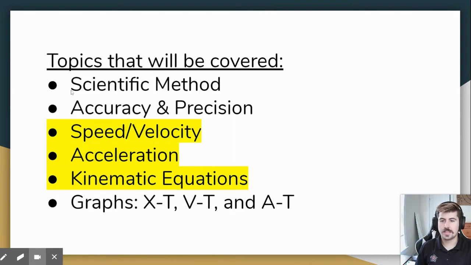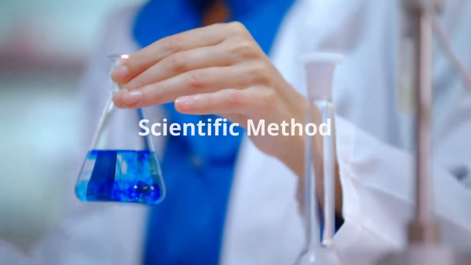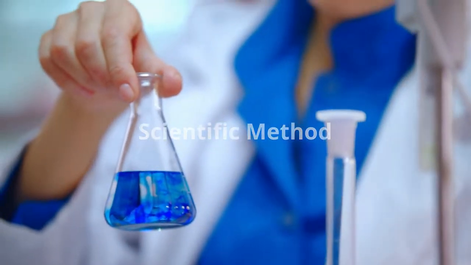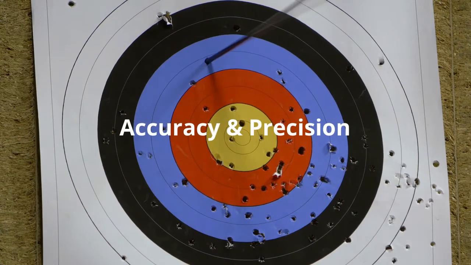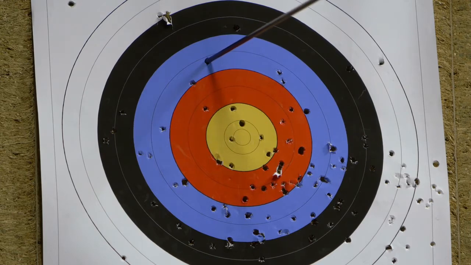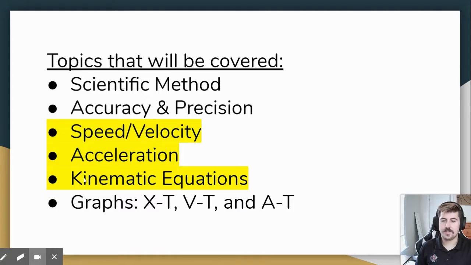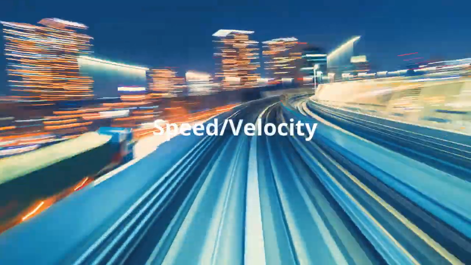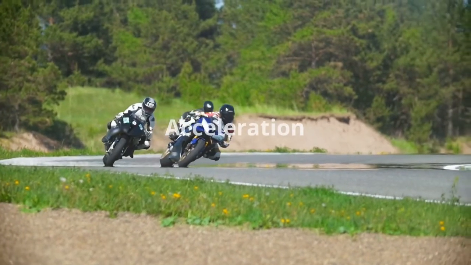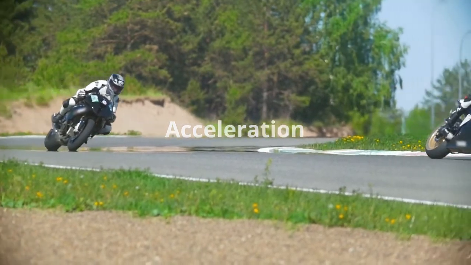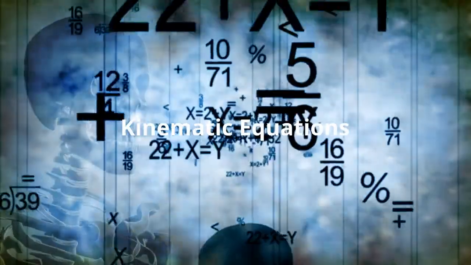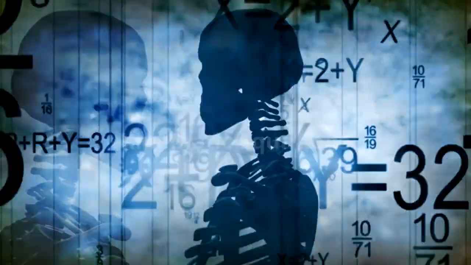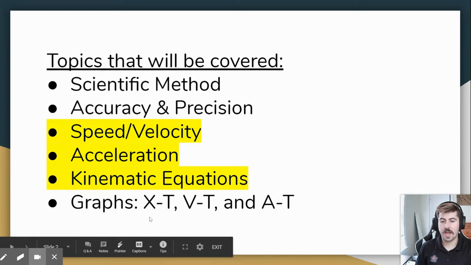So we've got scientific method, accuracy and precision, speed/velocity, acceleration, kinematic equations, and then the different types of graphs.